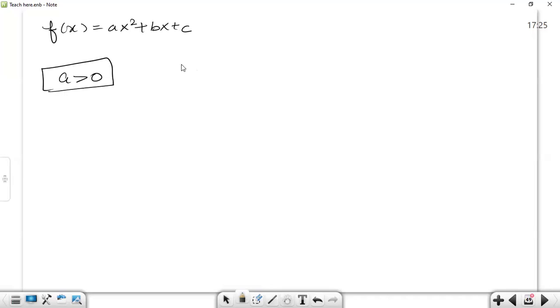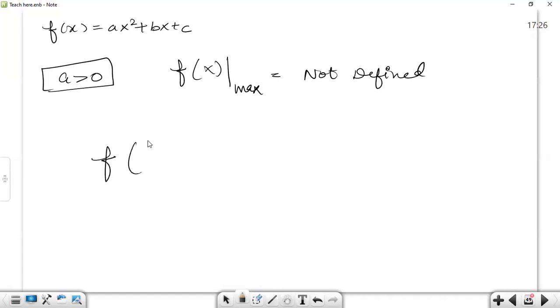So there will be no maximum value; that is not defined. And when it comes to the minimum value, there will be a certain value at x being minus b by 2a. That will be its minimum value. If we substitute x with minus b by 2a, we'll get minus d by 4a as our answer.